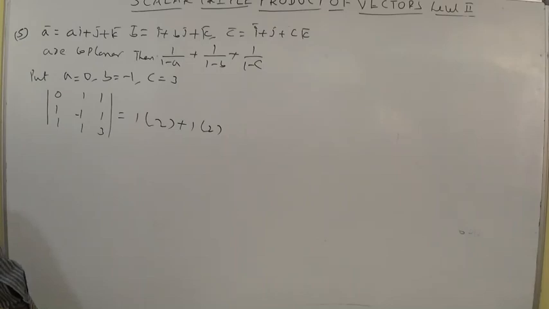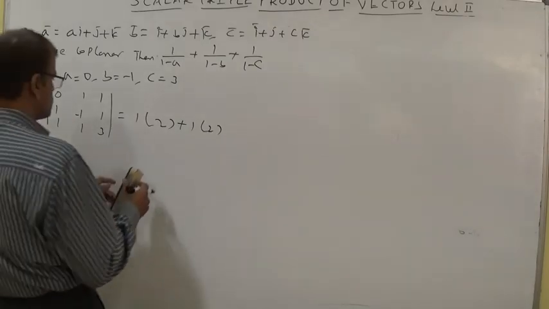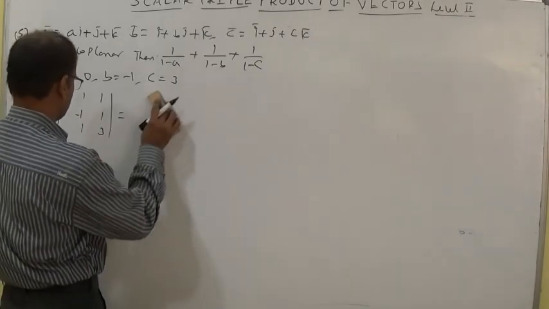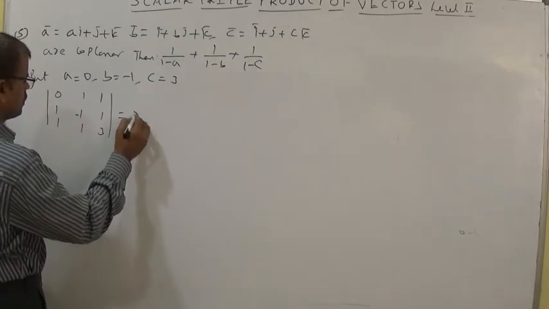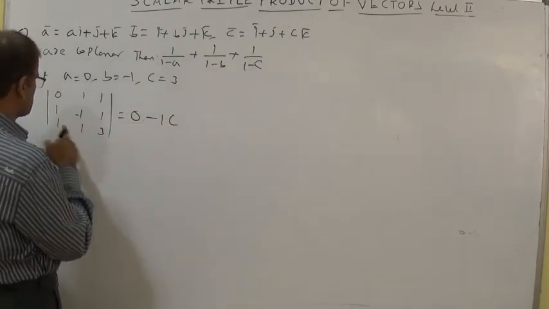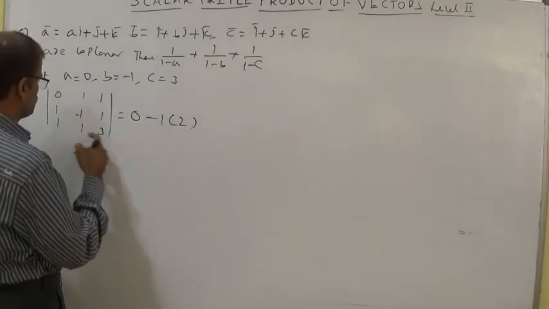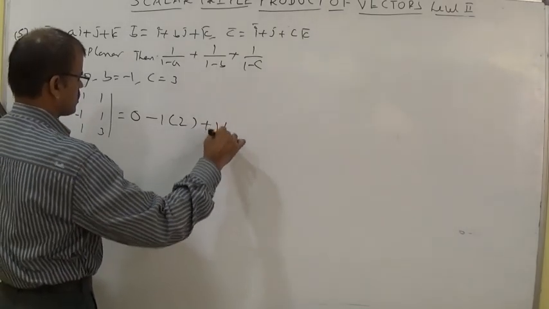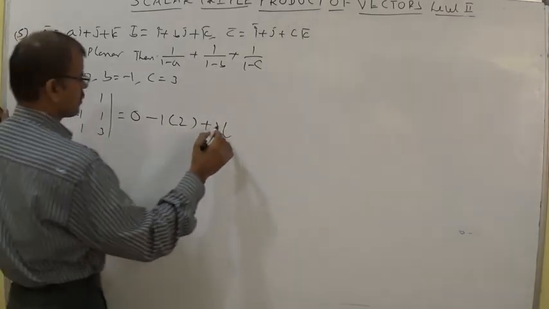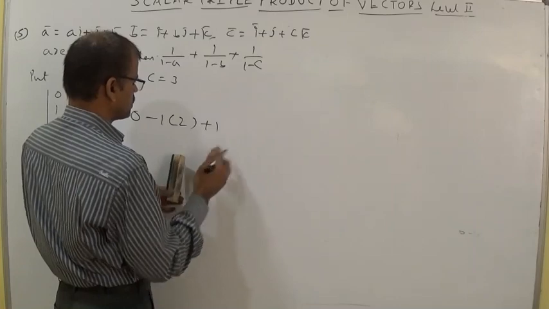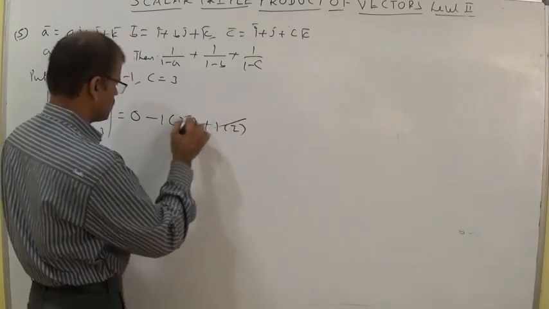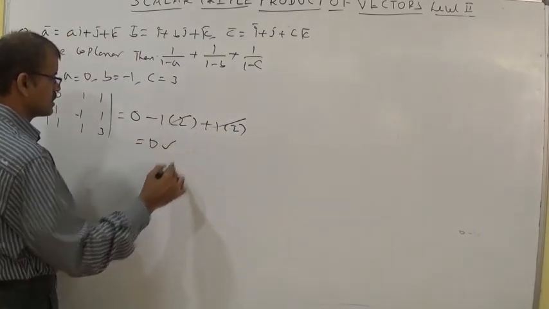Now let us do the calculation. First 0, no need to write. Next minus 1 into 3 minus 1 equal to 2, plus 1 into 1 plus 1 equal to 2. So minus 2 plus 2, we got 0. So our estimation is right.